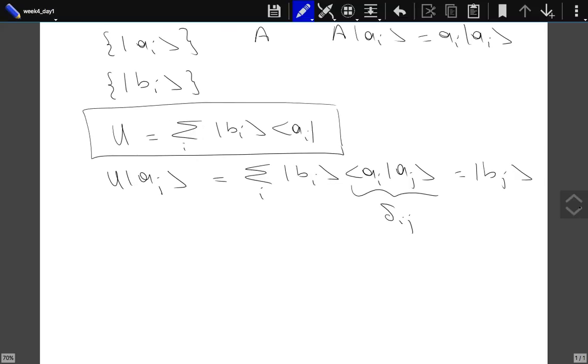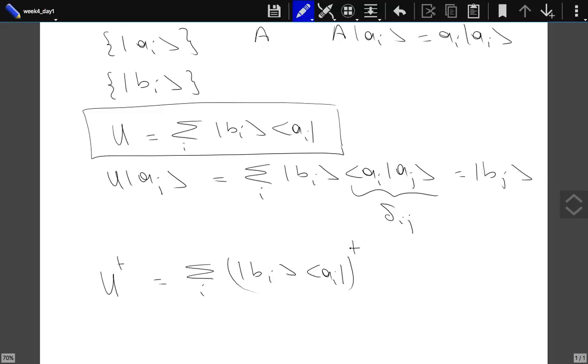Now we can look at some more properties of this operator. Let's say U dagger. What about U dagger? Well, the U operator maps the A basis to the B basis. Now, if you calculate the U dagger operator, this is the sum over i of (|Bi><Ai|) dagger.